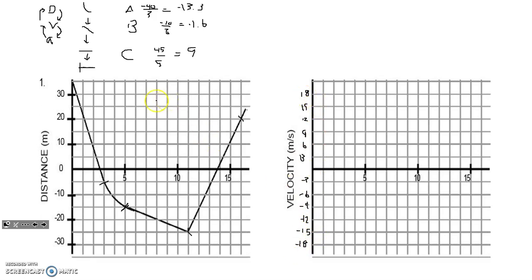Now we can change these lines here. What we need to know is that a straight line will go flat, but it's going to be a flat line at its slope. The slope at part A was -13.3. So that means it's going to be a flat line from time 0 to 3 at -13.3.